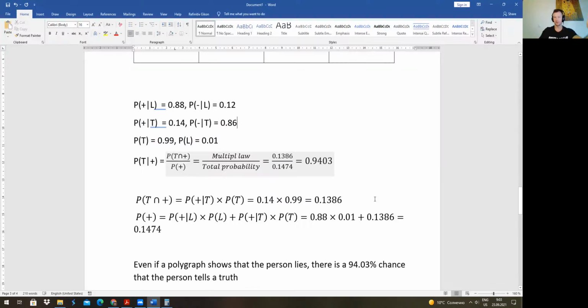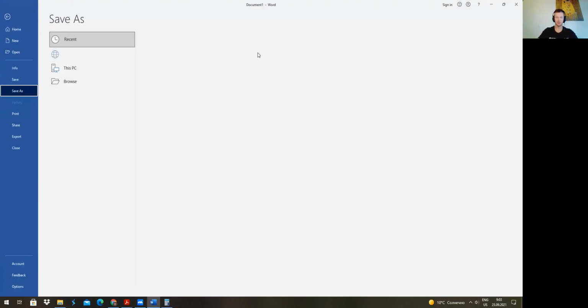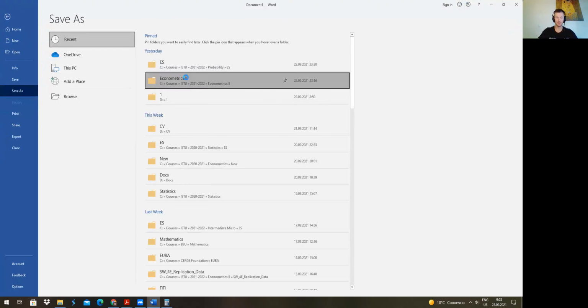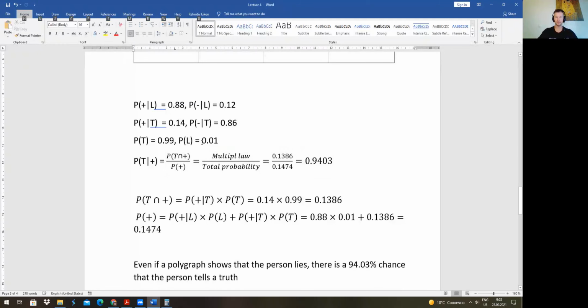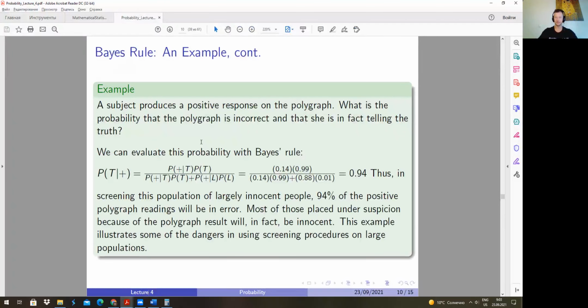I will upload all these calculations on the Moodle page, so don't worry, you will see all of this. I just need to save it somewhere. Okay, so 95% of positive polygraph readings will be an error.